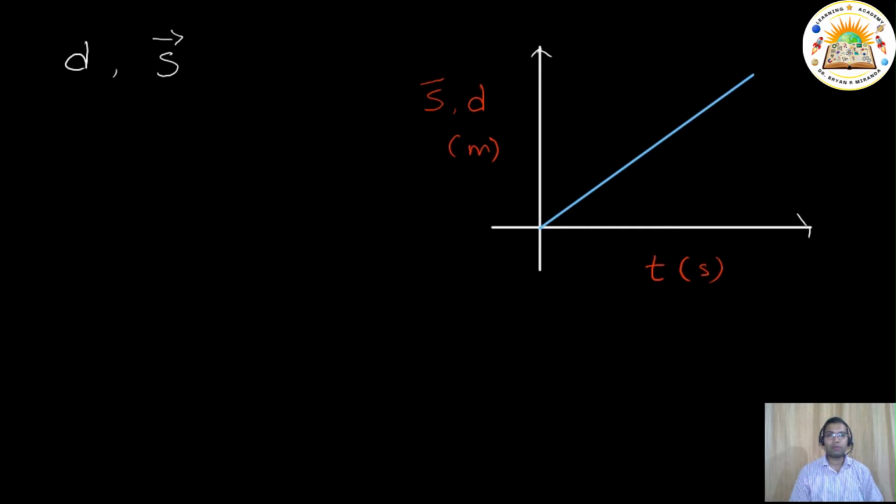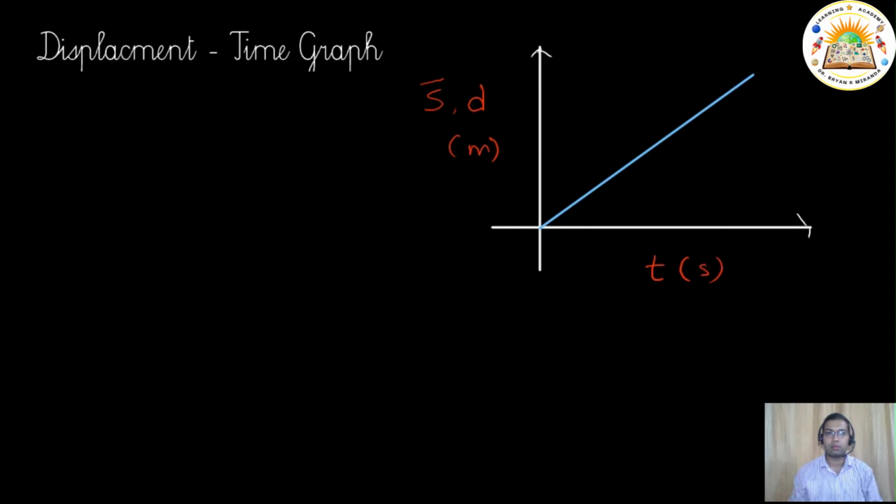So this graph is called the displacement time graph. In this, let us say we have marked time as 1 second, displacement as 1 meter, again 2, 3, 4, and here also 2, 3, 4.